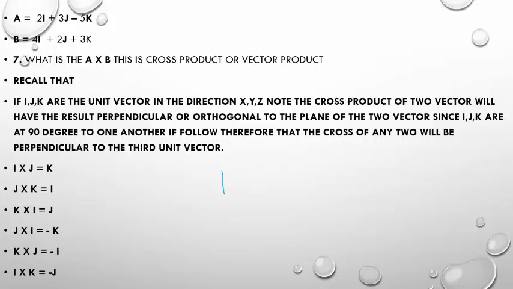If I have a vector like this, I have another vector like this. This is the y-axis. This is the x-axis. We have a unit vector i in this direction. We have a unit vector j in this direction.